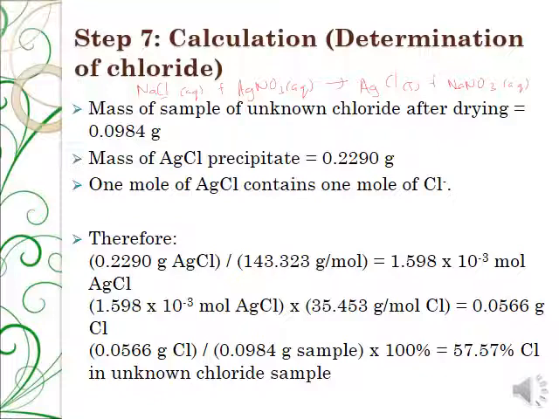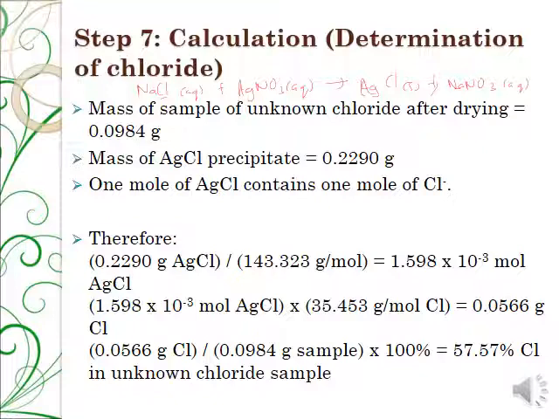Okay, so the mass of sample of unknown chloride, in this case it's weighed as silver chloride. So after drying, the mass is 0.0984.